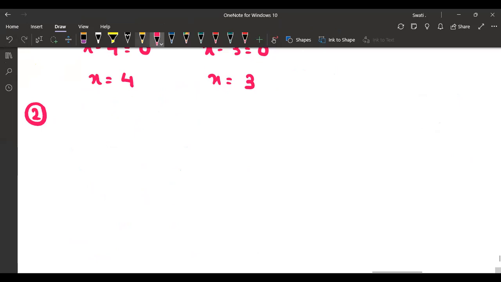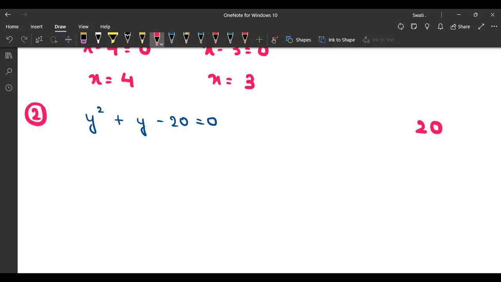So this is the next question, and it is y square plus y minus 20 equals 0. So we need to find the value of y. And of course, it is a quadratic equation because it has the degree 2. So here you can see 1 times 20 is 20, right?